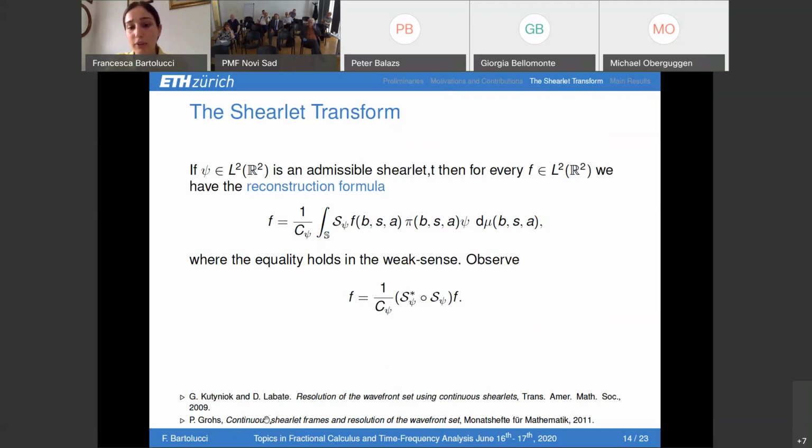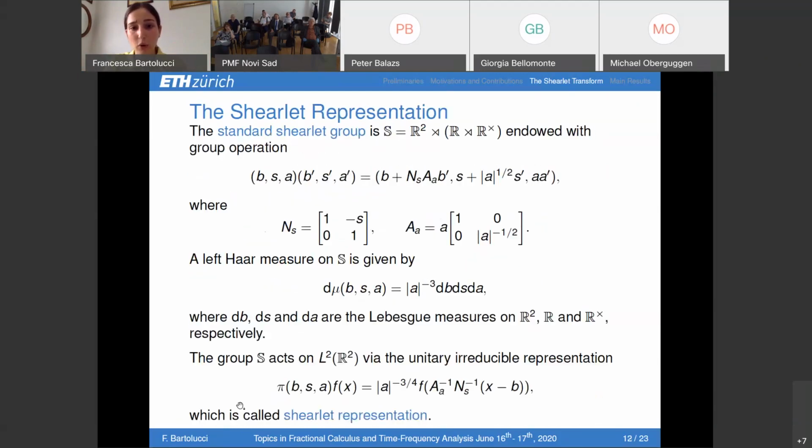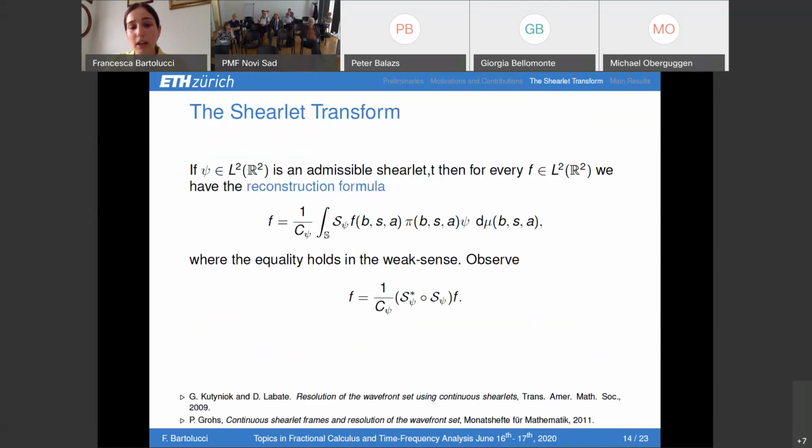And this is due to the fact that wavelets have translations and dilations, and as you saw in previous slides, in Shearlets we also have anisotropic dilation, but also this shearing transformation. This transformation, inside the group structure of the Shearlet transform, allows the Shearlet transform to give information about the singularity set of signals. And this is the most important feature of the Shearlet transform.